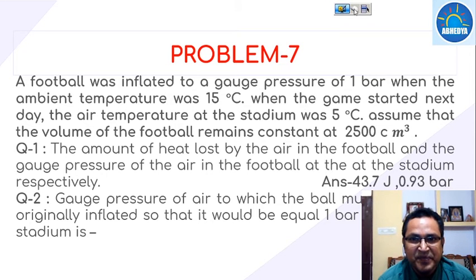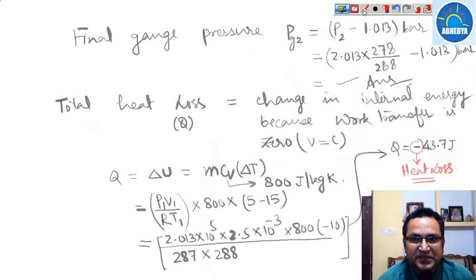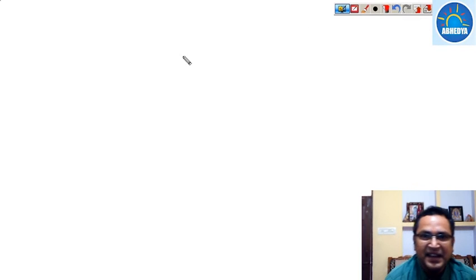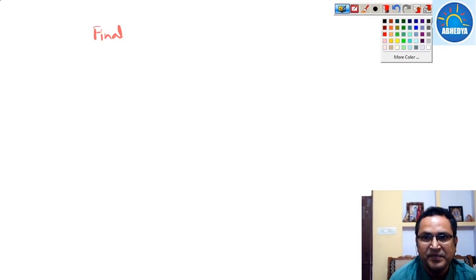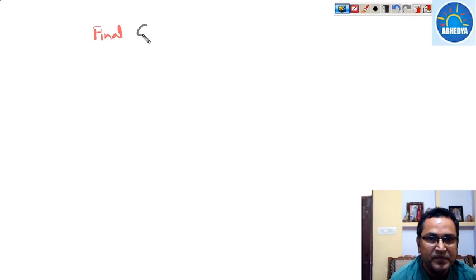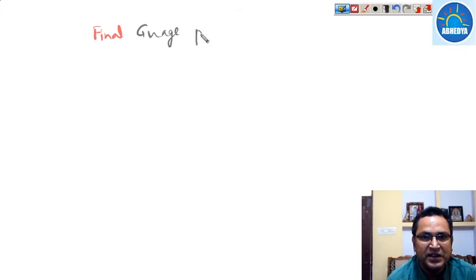So for this problem, the final gauge pressure is given. Final gauge pressure Pg is 1 bar, given. So what is the final absolute pressure?